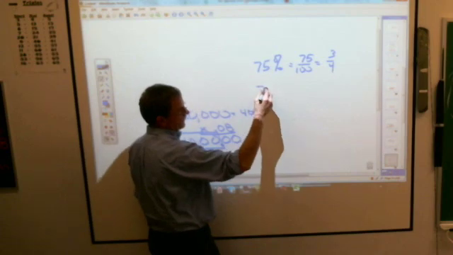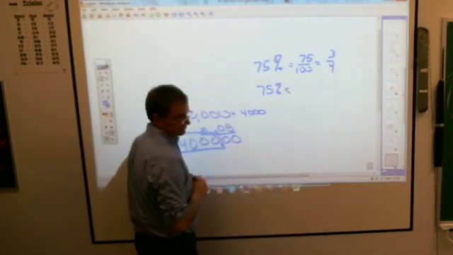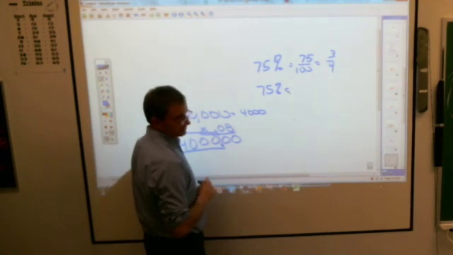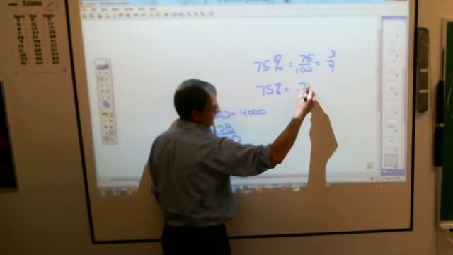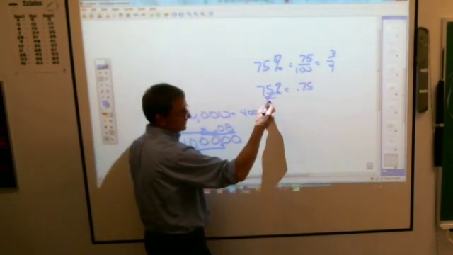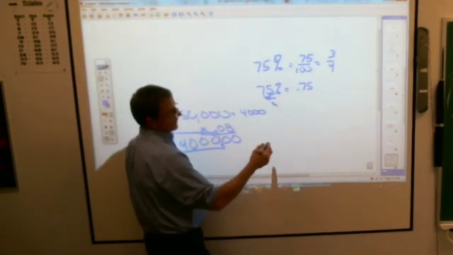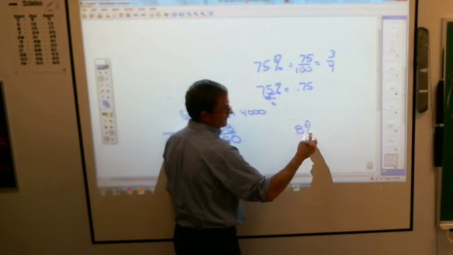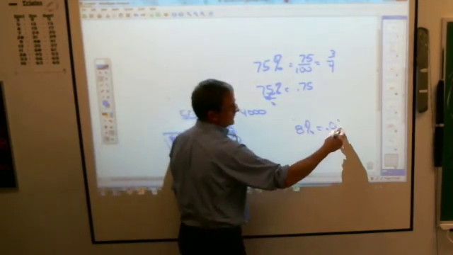To change 75% to a decimal, what is 75% as a decimal? It's 0.75. You just move the decimal in 75 backwards 2 places and you change it to a decimal. If it was 8% as a decimal, if I move it back 2 places, it's 0.08.